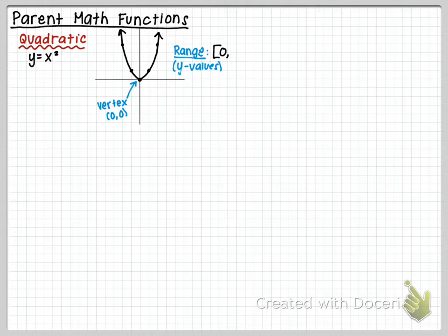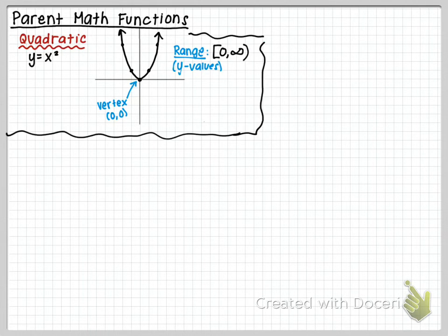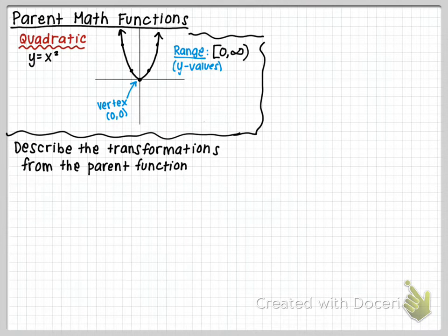Okay, so 0, and then it goes until when? Well, does it ever stop? You see arrows that are going up, right? So it doesn't stop. So it goes from 0 to infinity. Okay, that is your range. Infinity and negative infinity always get parentheses, never brackets. All right, everything's coming together.